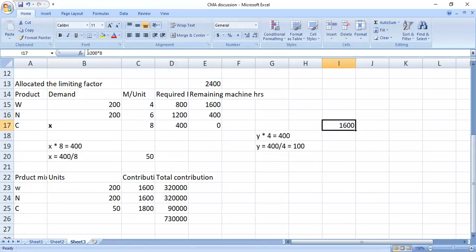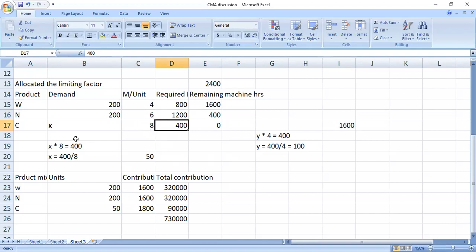But you only have 400 left as far as machine hours are concerned. You're not going to get machine hours from anywhere, so we only have 400. Ask yourself, what will the 400 produce for me? Then you work backwards. What is constant is that for a single unit you need 8, so 400 machine hours can help us produce a limited number of units. That's how we're working backwards.